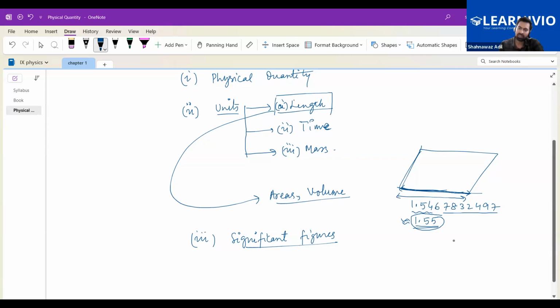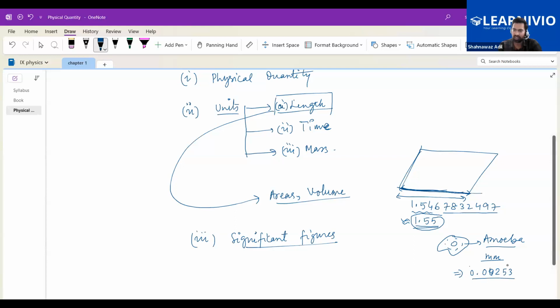Let's say if I want to measure an amoeba, right? This is some amoeba, this is some nucleus, and this is cytoplasm. And this amoeba would be in some millimeters, right? So I have to write it as, let's say, 0.0425.